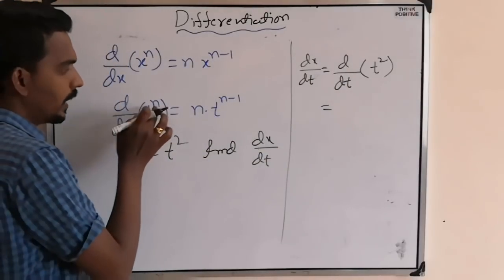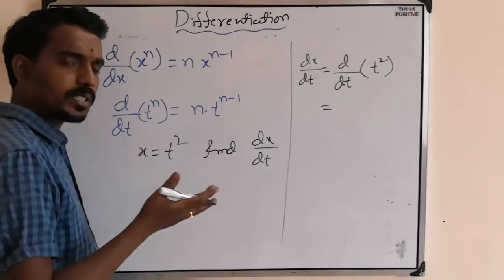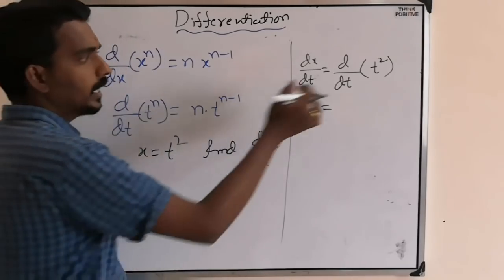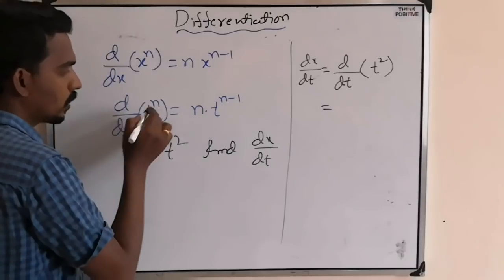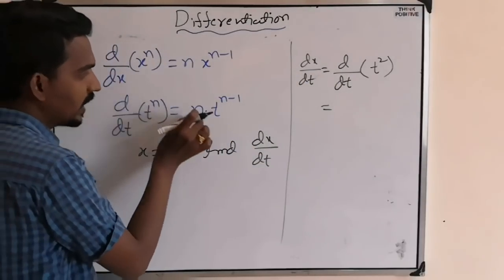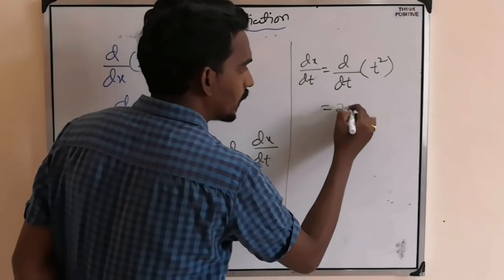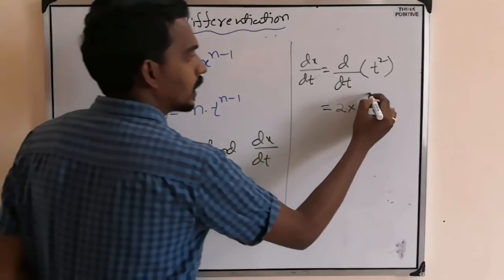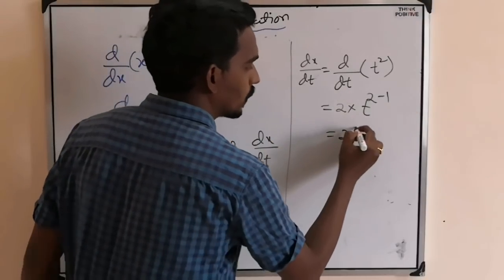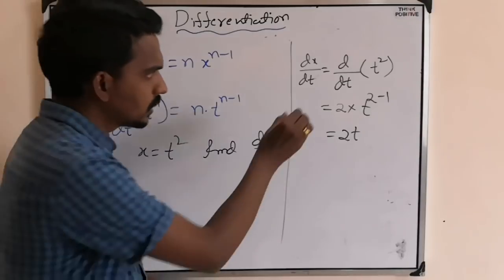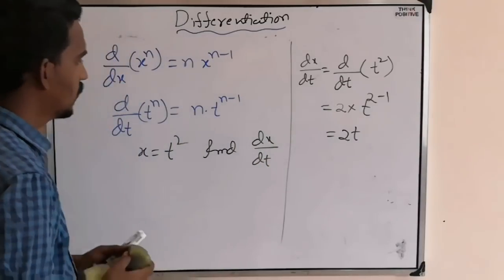Here t power n, n can be anything, positive or negative, fraction or integer. Here it is positive integer 2. So in place of n, 2 is there. What is the formula? n into t power n minus 1. So here 2 into t power 2 minus 1. So it will become 2t. So this is one simple example.